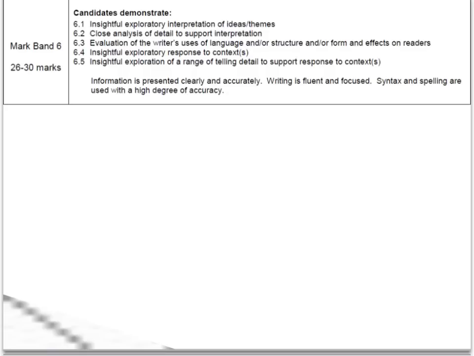Just here, a copy of Mark Band 6 from the examiner's mark scheme. Just useful for you to have a look at the examiner speak. If you want to pause this and have a look at it for yourself, that's absolutely fine.